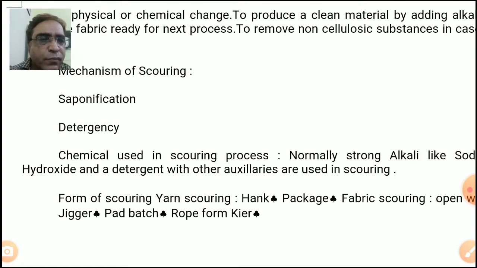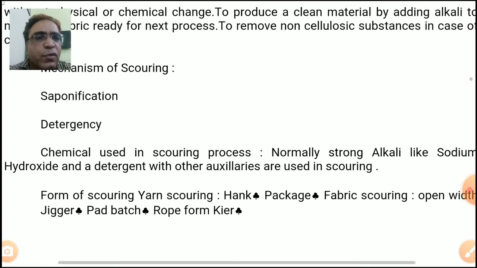So after that, in what form can we do the scouring? Scouring can be done in many forms, like yarn scouring, means we can do scouring in yarn form, such as hank form or package form. And then from the yarns we make the fabrics, so we can easily do fabric scouring in open width as well as in rope form.